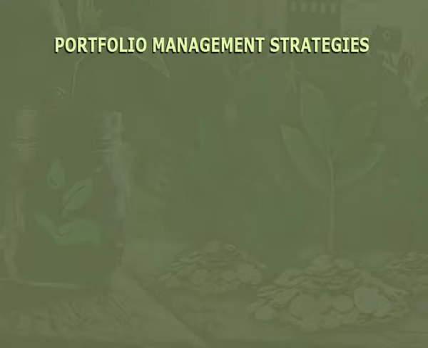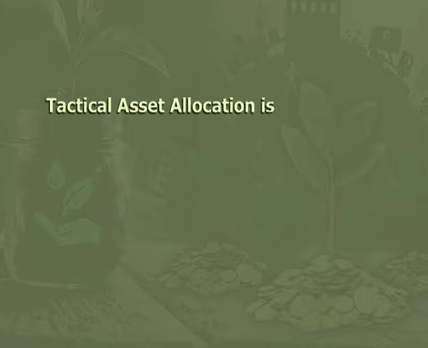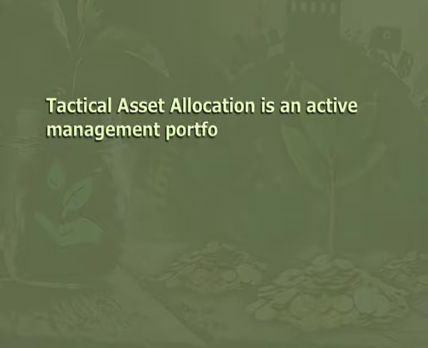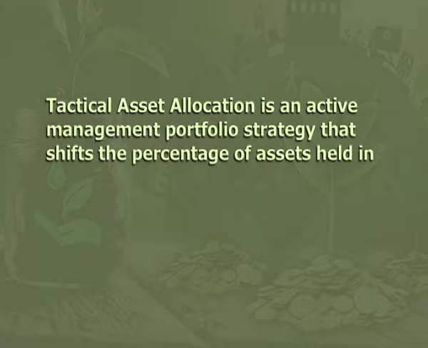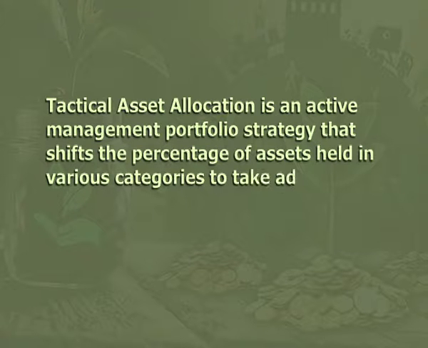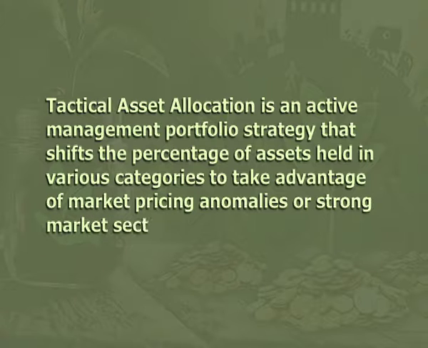Friends, let's understand various portfolio management strategies. The first one is tactical asset allocation versus portfolio rebalancing. Tactical asset allocation is an active management portfolio strategy that shifts the percentage of assets held in various categories to take advantage of market pricing anomalies or strong market sectors.